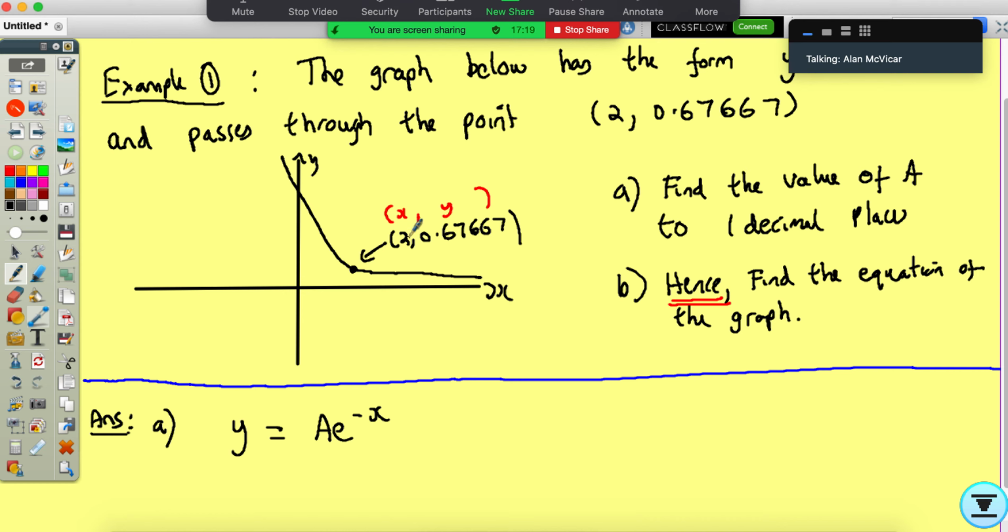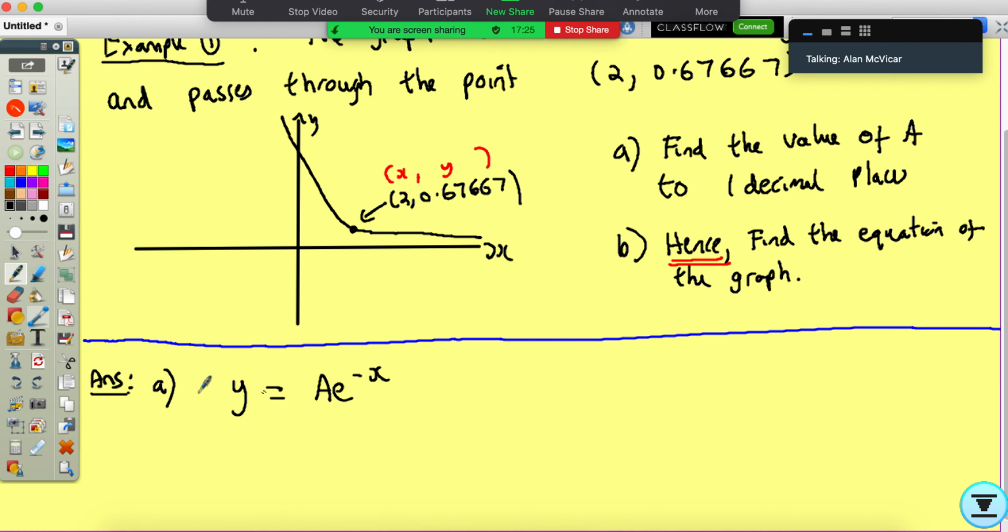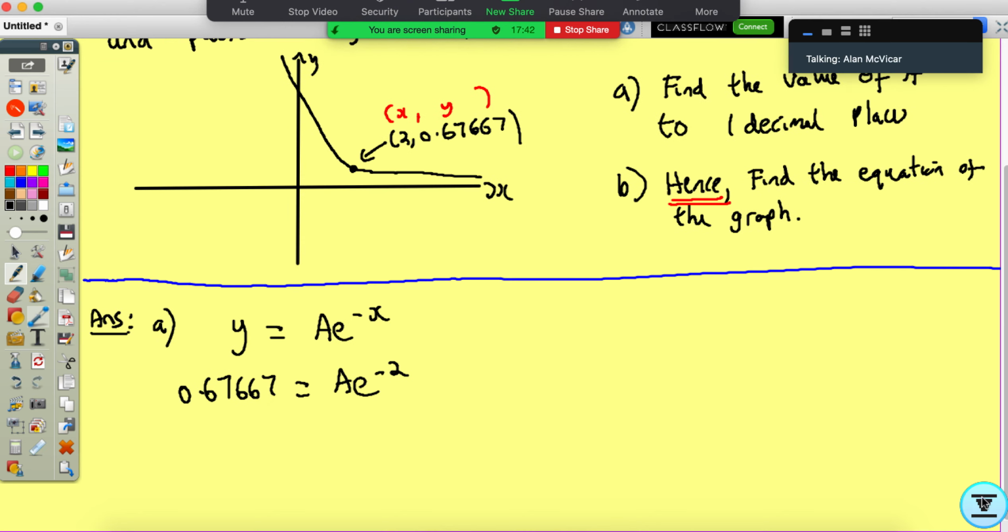Okay, so you take this bit of information, that x equals 2 and y equals 0.67667, and you put it into this form. So 0.67667 equals a e to the power of negative 2. Okay, remember, I want to know what A is.